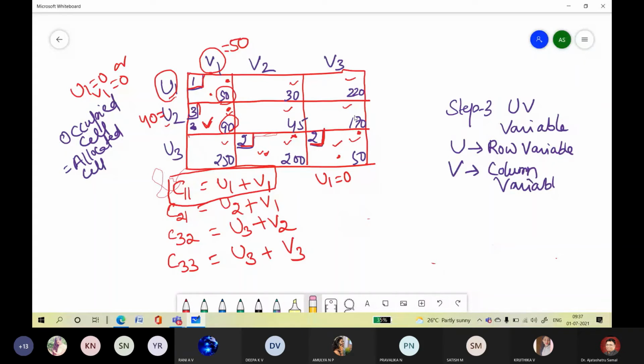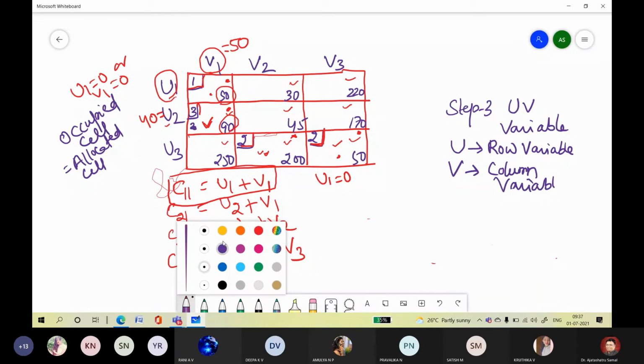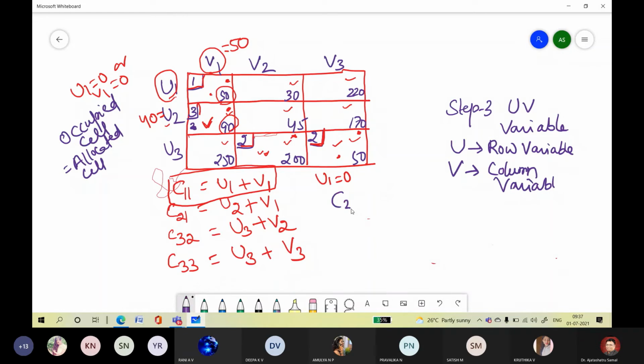Now C32. How to calculate C32? C32 equal to U3 plus V2. Now C32, which one? C32 is 200. Correct. So 200 equal to U3 plus V2.